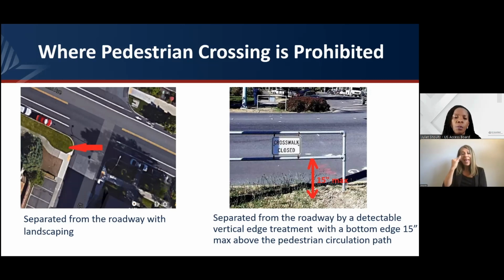If pedestrian crossing is prohibited at certain locations, no pedestrian crossing signs should be provided along with detectable features such as grass strips, landscaping, planters, chains, fencing, railings, or other barriers. In stating what was previously advisory as rule text, we've offered those two options. So you don't need to separate by landscaping and provide signage and vertical edge treatment. You have to pick one or the other.